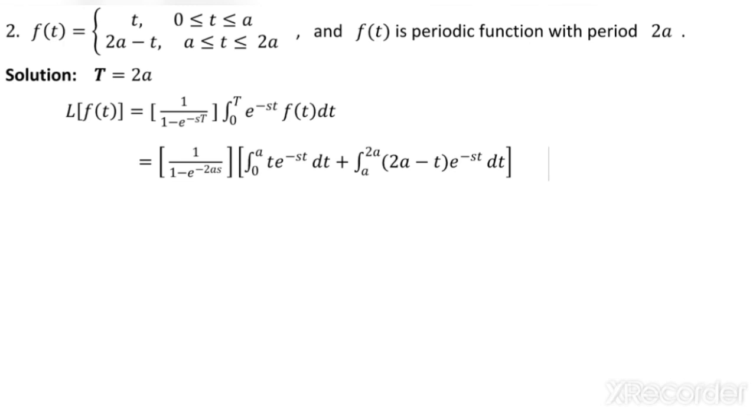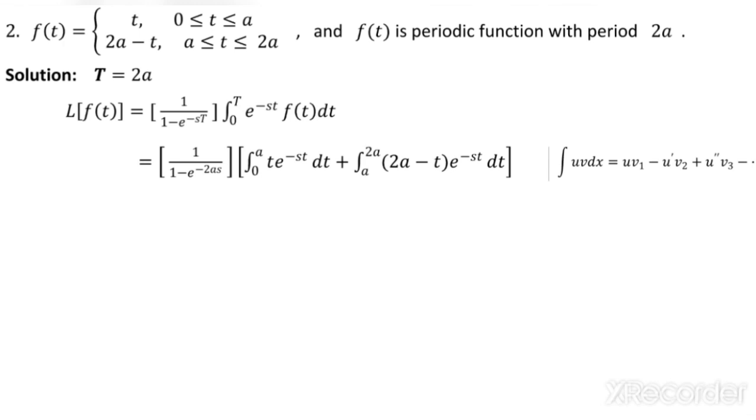either by integration by parts. But since here associated is a polynomial, whenever polynomial into any function is there, we can go for Bernoulli's, which is nothing but of the type integral u v dx, where u is the first function, take it as a polynomial.